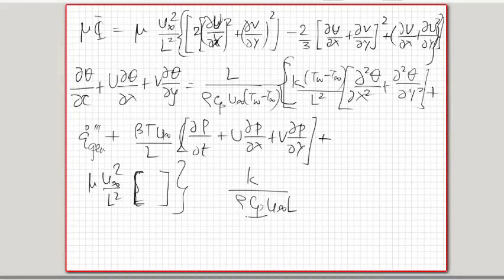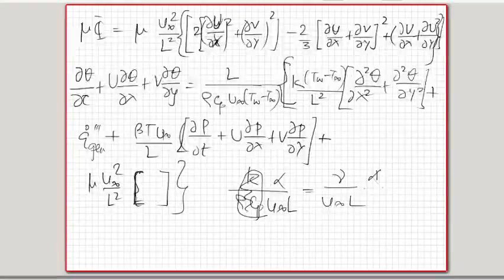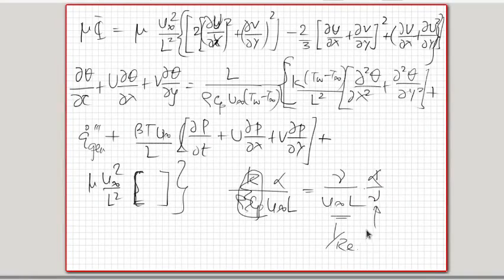This K by rho Cp we know is alpha, so I get U infinity L by alpha, which I can write as U infinity L by nu into alpha by nu. So this is 1 over Re, the Reynolds number, which is U infinity L by nu, and nu by alpha is called the Prandtl number, so this will be 1 over Prandtl.